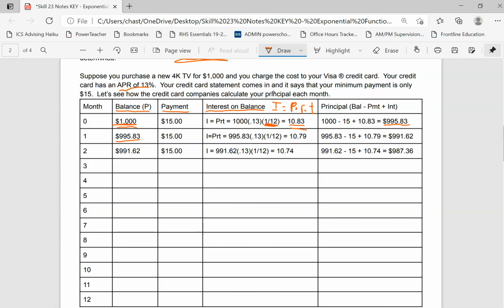We know we're going to make a $15 payment, so we take that balance, multiply it by 0.13 times 1/12, and you'll notice this time the interest is a little bit smaller, and that's because our balance was a little bit smaller. So $10.79. So we take our balance, subtract the payment, add the interest. Now we're at $991.62. So that carries over to the next month.